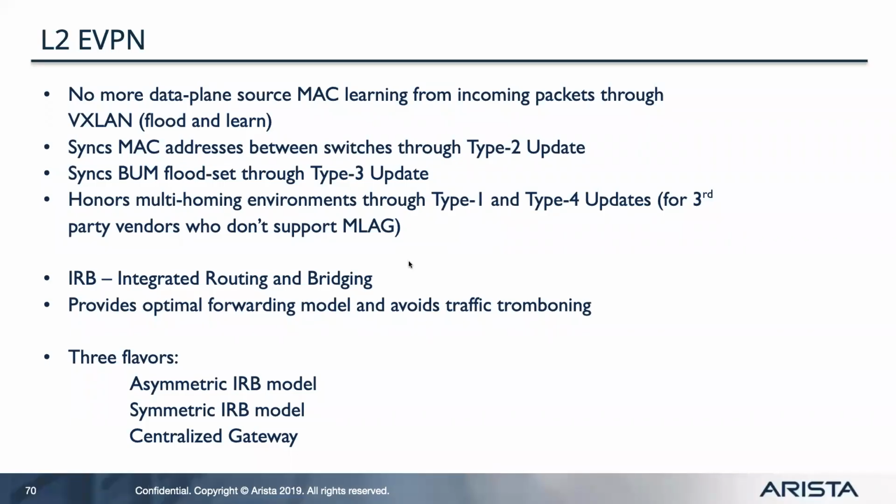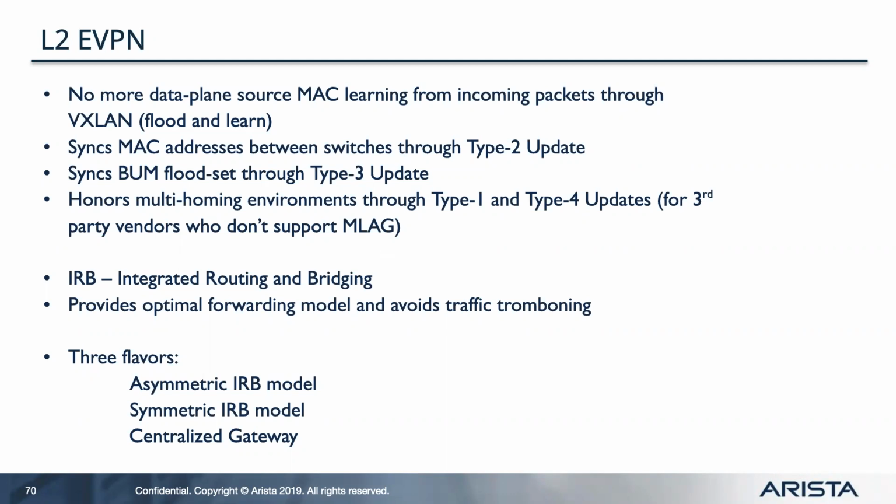Before we start layer 2 EVPN, what are the advantages of EVPN compared to normal VXLAN? We already have discussed this, but let's quickly go through it. One main advantage is no more data plane source MAC learning, flood and learn. In normal VXLAN, to learn the MAC address, you need to receive the data plane traffic and learn the MAC based on that.